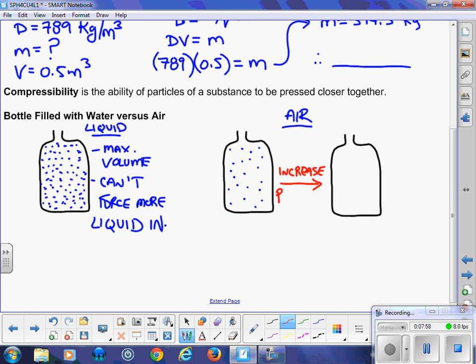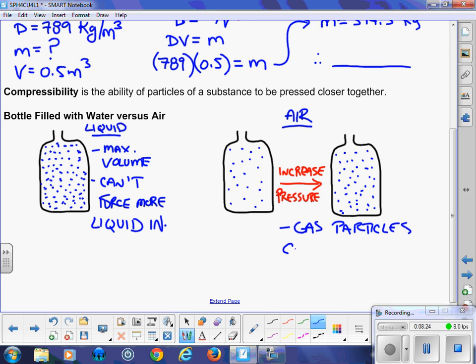If I increase the pressure, the particles are forced closer together. If I had a large enough pump, I could force these air particles closer together until my bottle exploded.